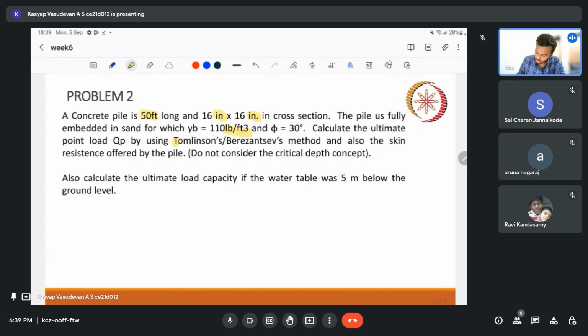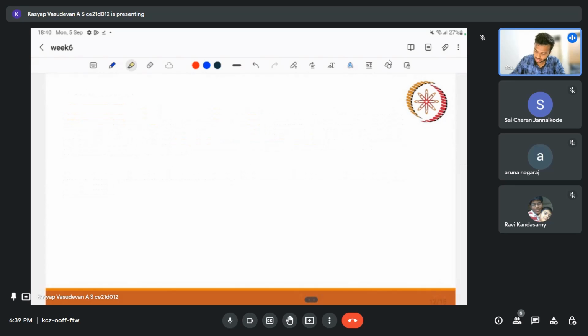We are supposed to use Tomlinson and Berezantsev's method. Here we are also told that it's a concrete pile. That is also relevant in the future, we will see that. So let's first get into this.